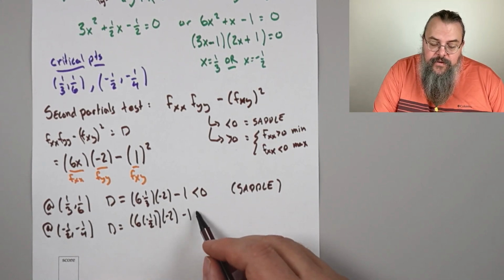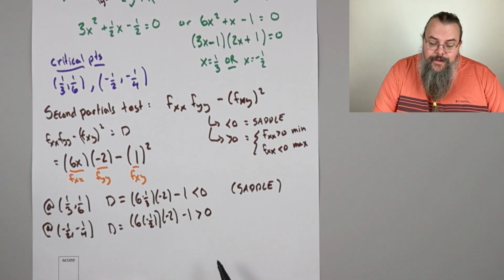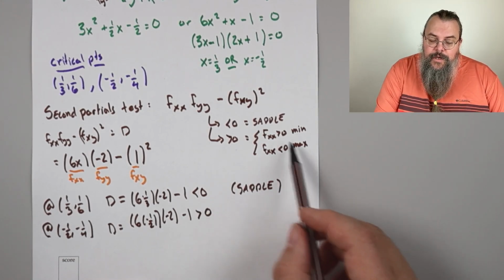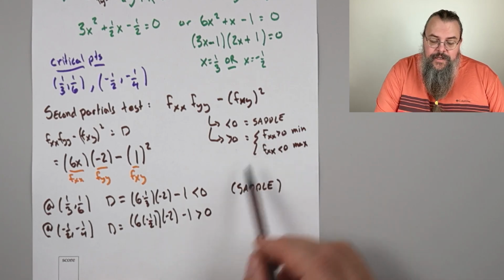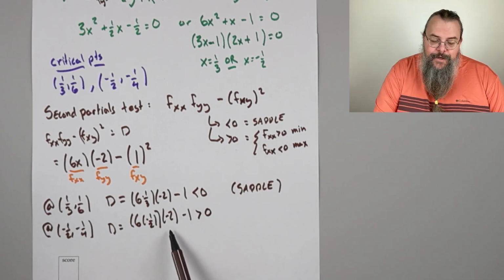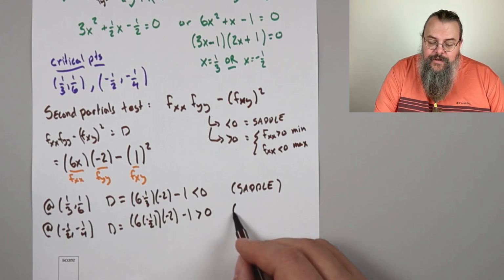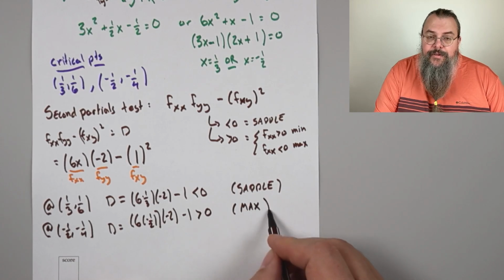Subtract 1 is still positive, so that's greater than 0. All right, well, what are we in? Well, we're in either the max or min. We can look at either fxx or fyy. When we see negative values, right, -3 or -2, that tells us we're max.